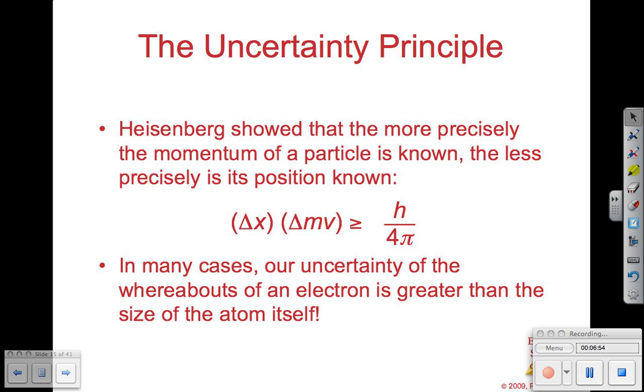But in many cases, our uncertainty of the whereabouts of an electron is greater than the size of the atom itself. So if we know the momentum, then our certainty in where the electron is so low that the atom itself is too small to define where the electron is.